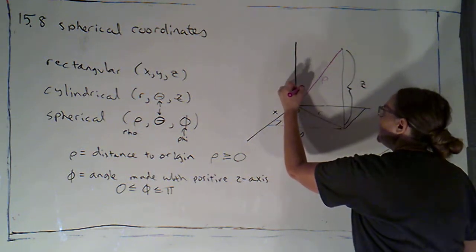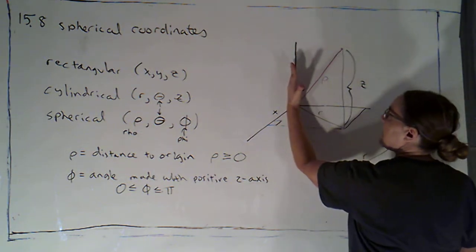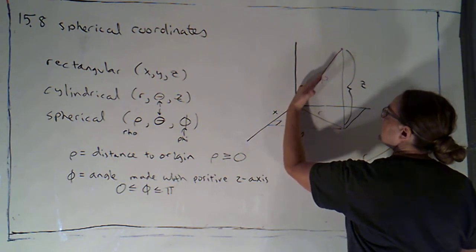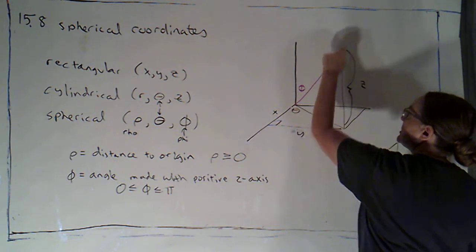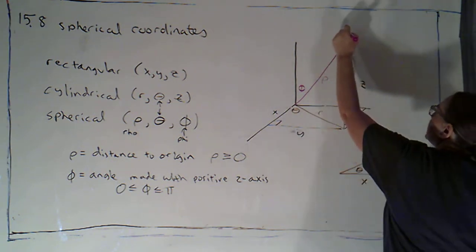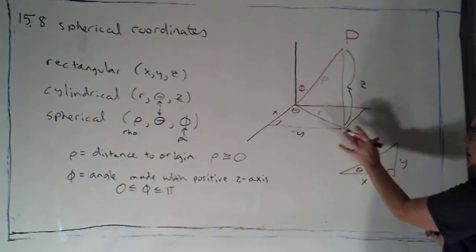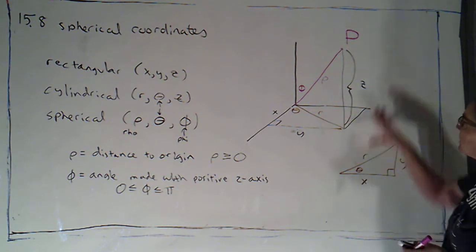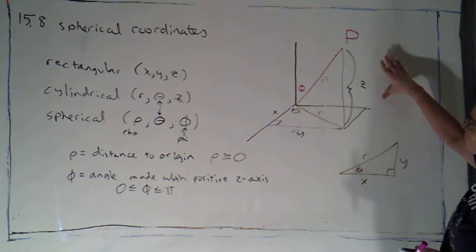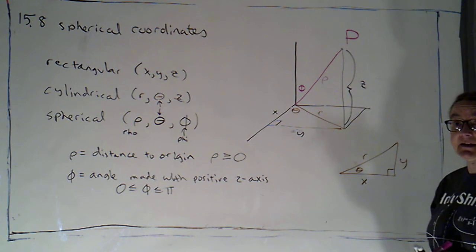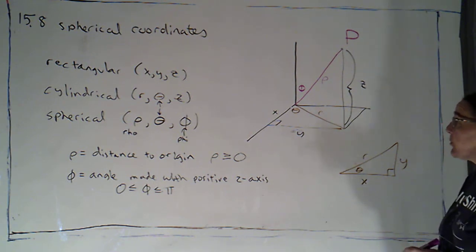Phi would be the angle between the positive z-axis and the ray that would point from the origin to my point. I'm going to label my point P. So this picture shows us all of the different coordinates that we could have for this point.